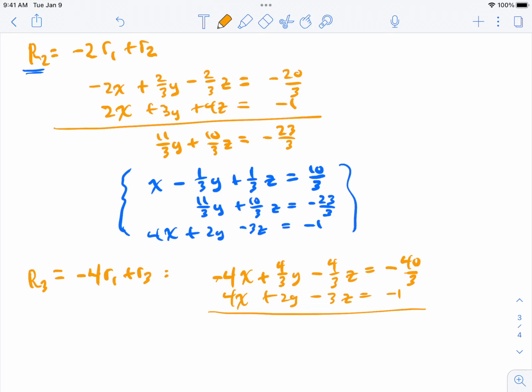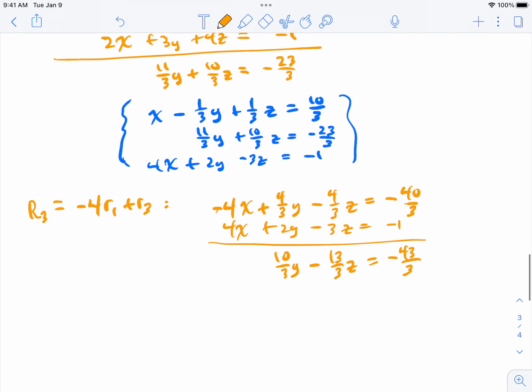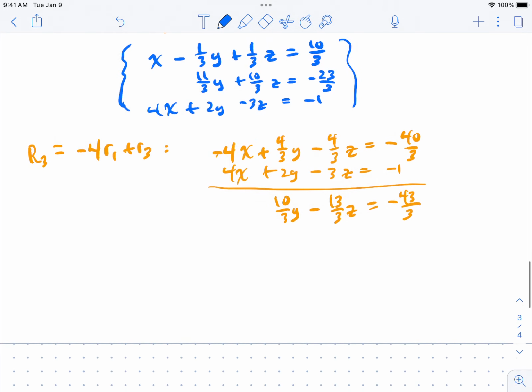4/3 y plus 2y, that would be like a 6/3, so that's giving me a 10/3 y. 4/3 minus 3, 3 is like 9/3, so that would be a negative 13/3 z. And then negative 40/3 minus 1, which is 3/3, gives me a negative 43/3. Okay, we can write our new and improved little set here. The first equation we didn't change.